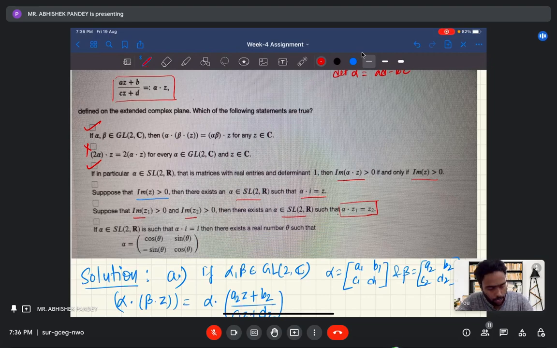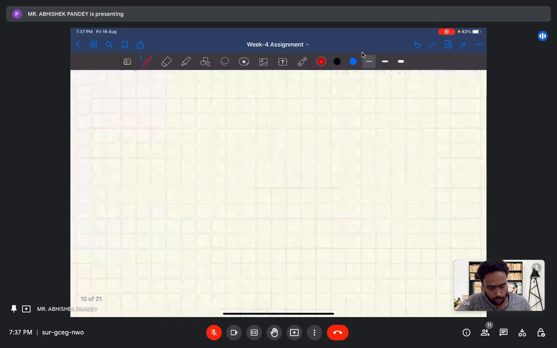So basically for option D, we have to check whether SL2(R) acts transitively on the upper half plane. This we need to solve. So options C and D, I will start now.